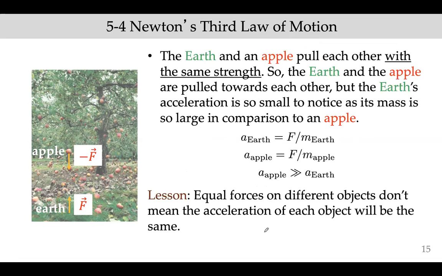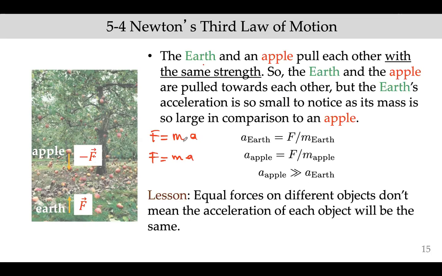Let's answer this question. The earth and the apple pull each other with the same strength. So the earth and the apple are pulled towards each other, but the earth's acceleration is so small to notice, as its mass is so large in comparison to an apple. You can see it here. The formula is F equals ma, right? So you're going to have two of them, and the forces are the same.